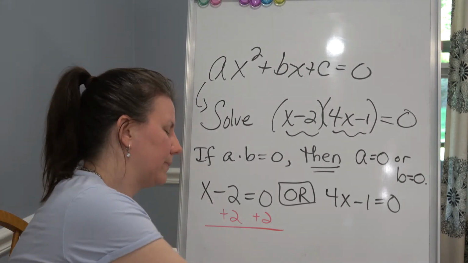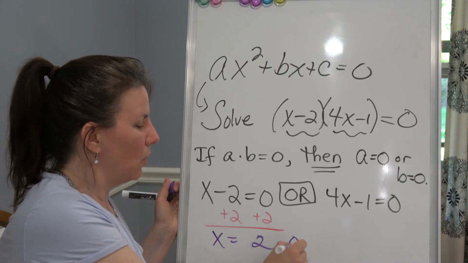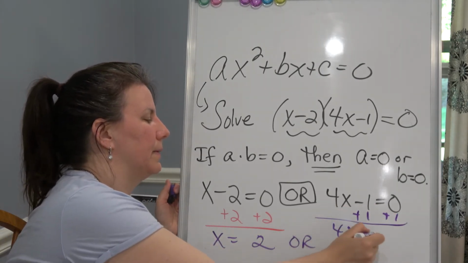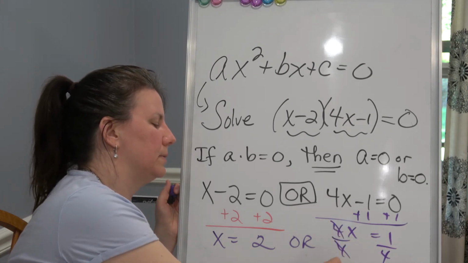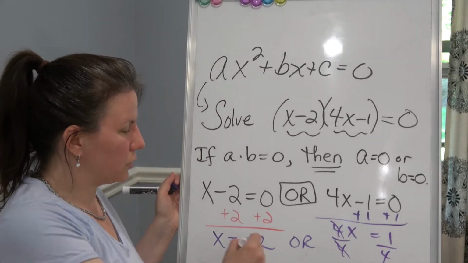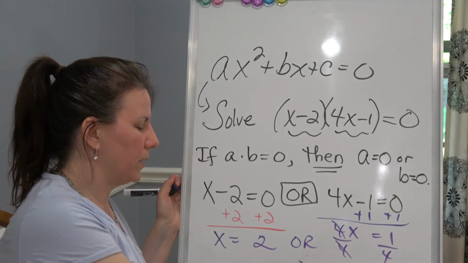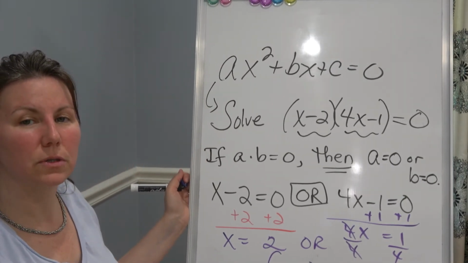So we'd have x equals 2, or here you'd add 1, divide by 4, so we get x equals 1/4. Right? So we get two answers, 2 and 1/4, and we could put those in the solution set notation.